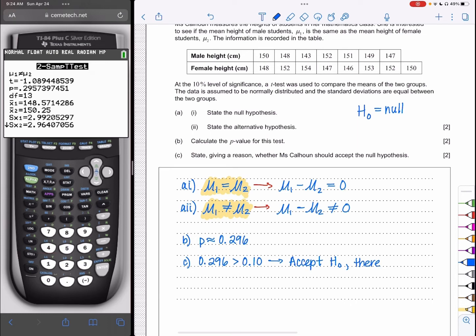And then we're going to say, there is no difference between the means of male and female.